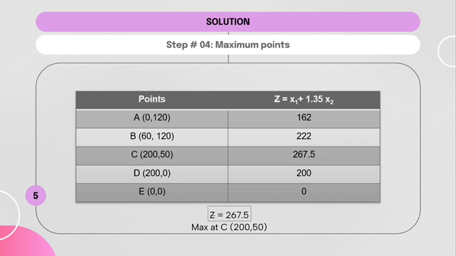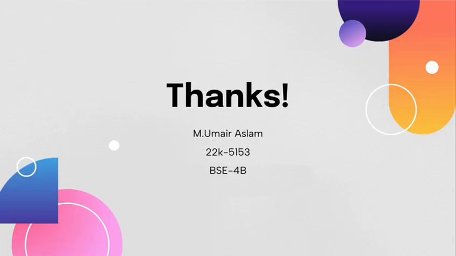By plotting C, which has value 250, we got value 267.5, and plotting D, which has values 200 and 0, we got 200, and plotting E, which has value 0 0, we got 0. So the maximum we got is 267.5, which is at C, 250. So this was the whole question.